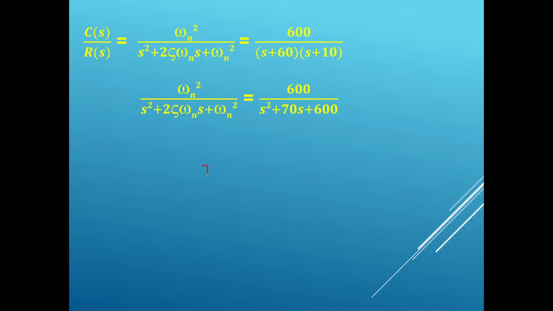Similarly, omega n square is equal to 600.